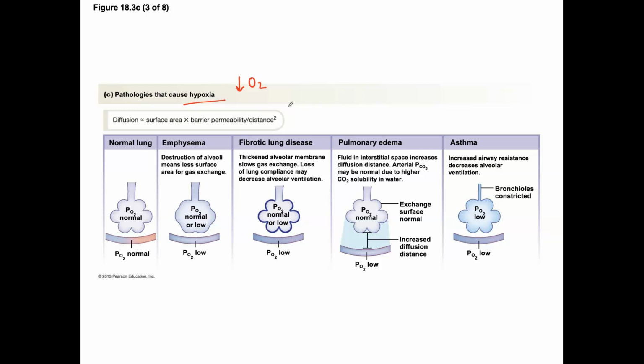So under normal lung function, right, we just simply look at normal partial pressures of oxygen reaching the alveoli, which is going to result in a normal movement of oxygen into our cardiovascular system so that we have adequate saturation.